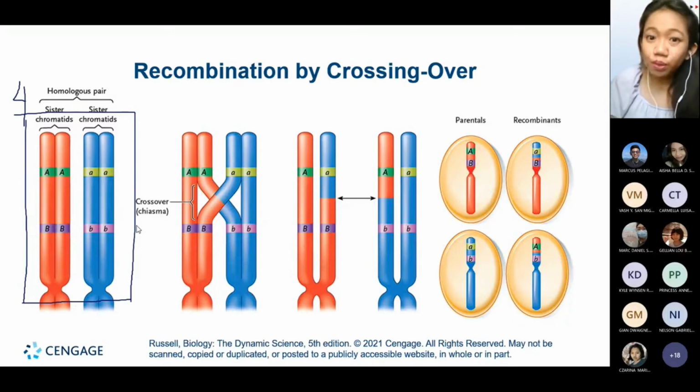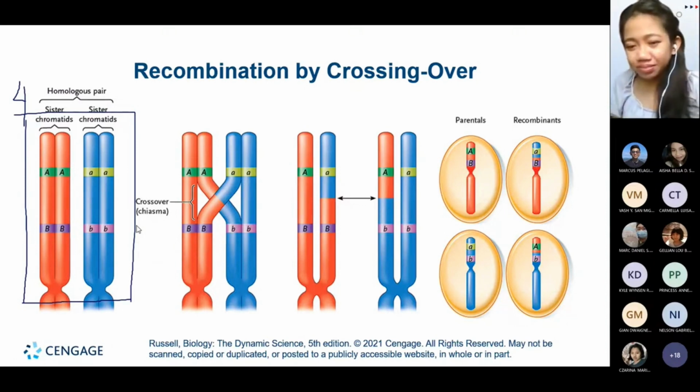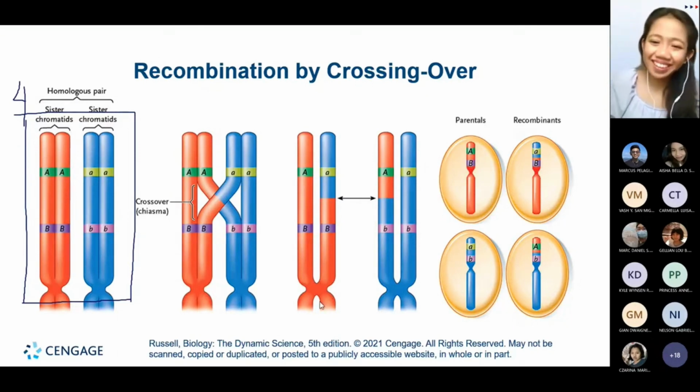Synapsis po. Yung process ng pag-pair. Okay? Synapsis yung process ng pag-pair. Pero anong tawag dun sa pair? Tetrad, ayun, tetrad. Thanks, Kurt. So, through the process of synapsis, the chromosomes form a tetrad.